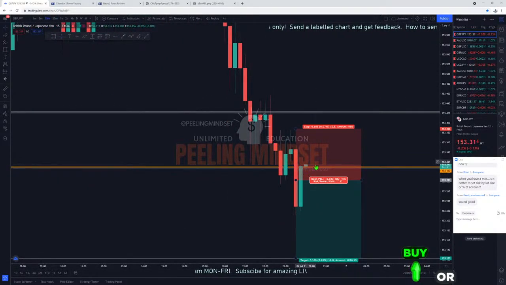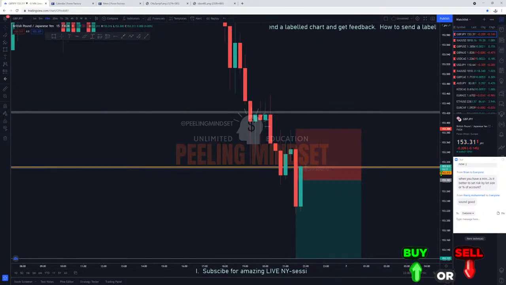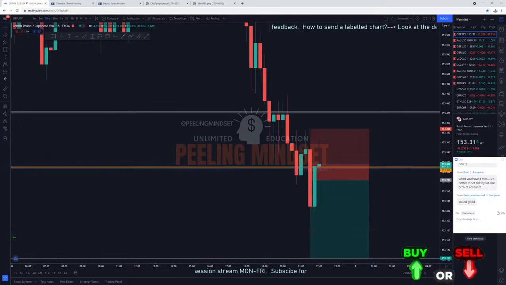Still reacting with that level. This key level. 153.310 is serving as a key level here.